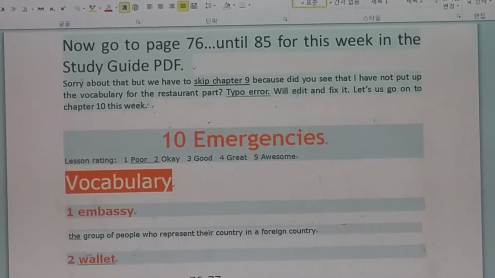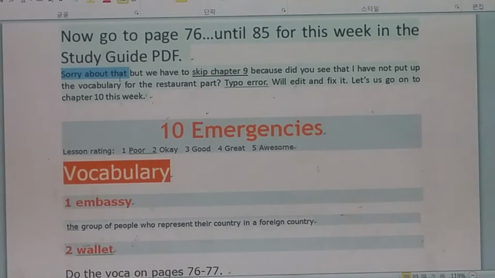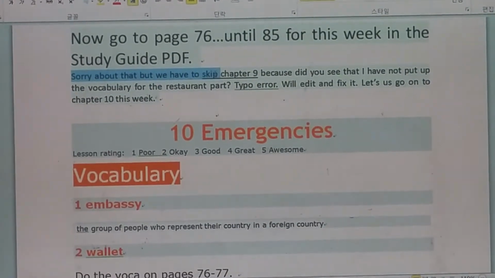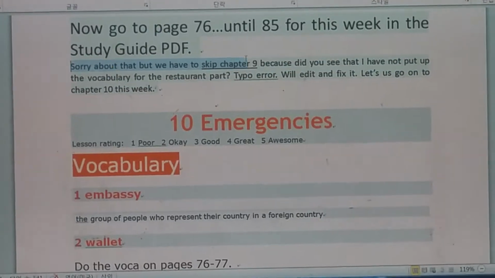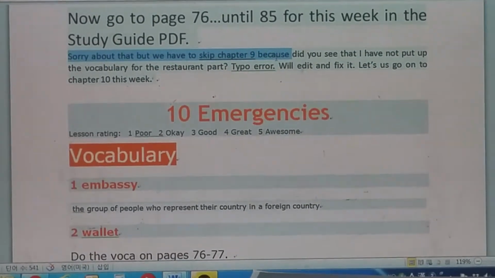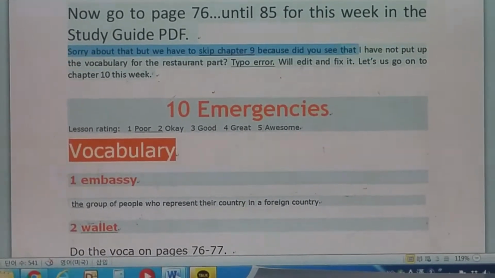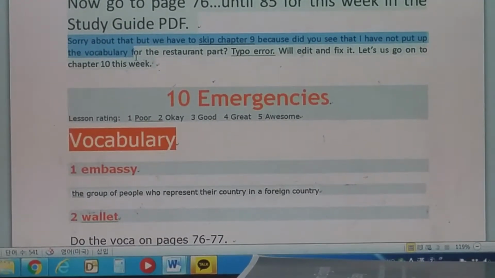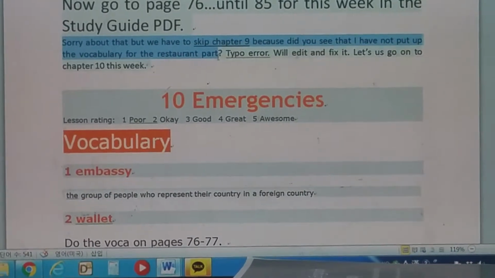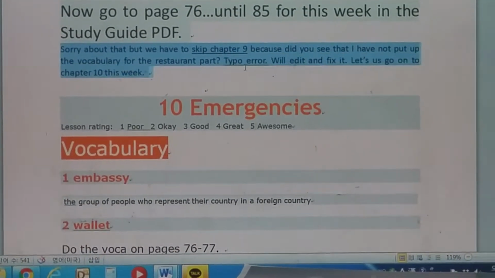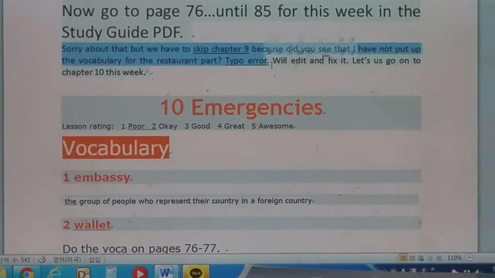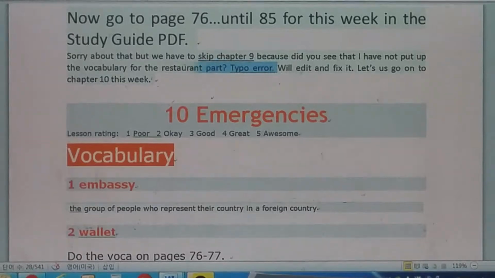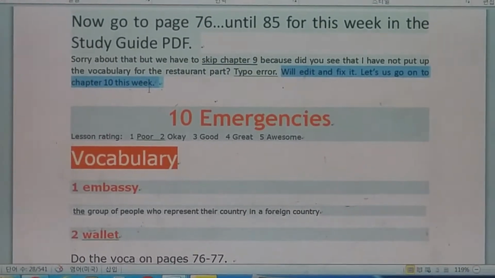Sorry about that, but we have to skip chapter 9. Why? Because did you see that I have not put up the vocabulary for the restaurant part? Teacher typo error. We will edit and fix it. Let us go on to chapter 10 this week.